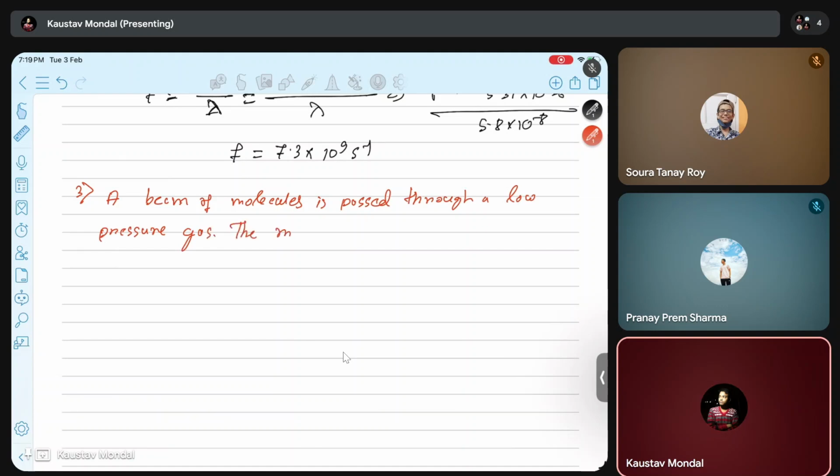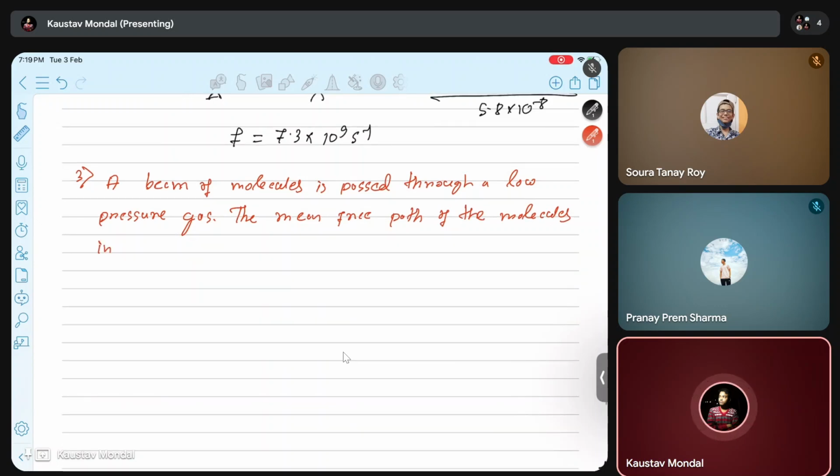The mean free path of the molecules in the gas is given by 5 into 10 to the power minus 4 meters.